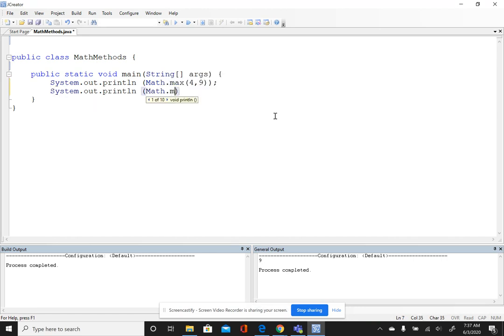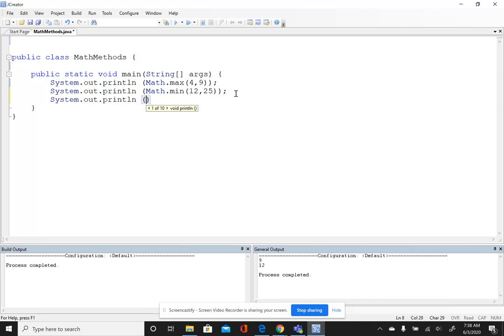The same thing if I use min. If I have two values, say 12 and 5, the lowest of these two is 5, so 5 will be printed.